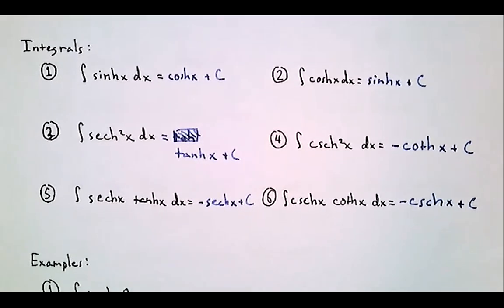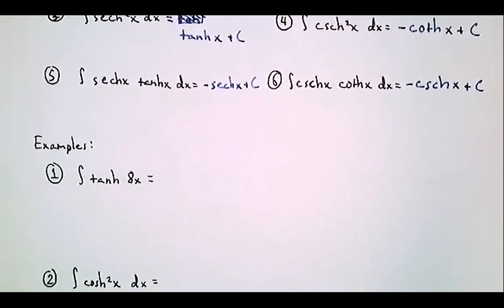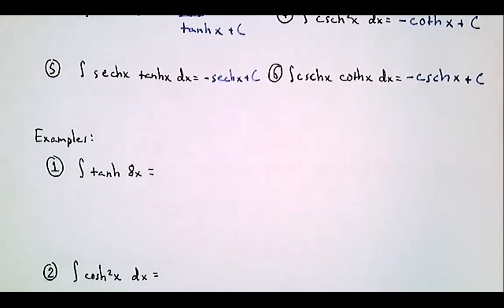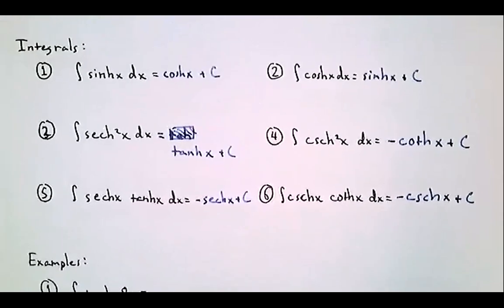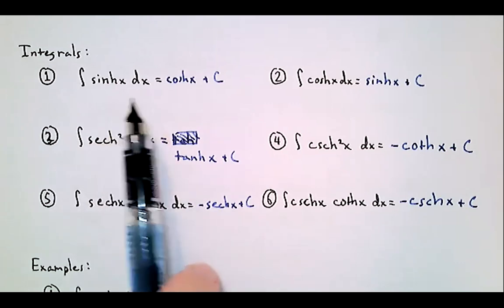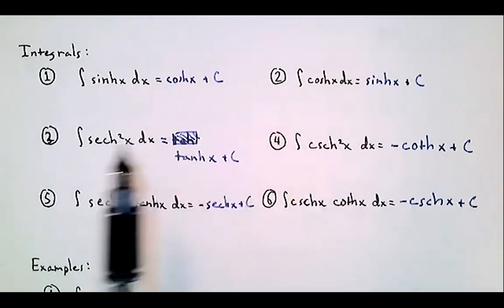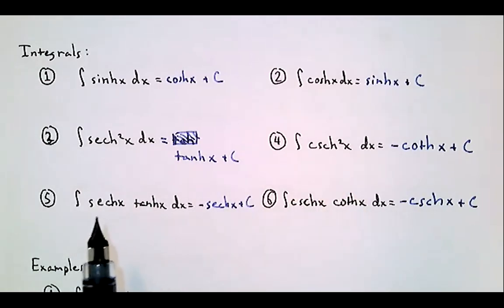Okay, so let's go ahead and try applying those. What about this one? Hyperbolic tangent of 8x. Let's go up to our rules and see if one of them applies. So do we see a rule for hyperbolic tangent here? Well, no. That's sinh, cosh, secant squared, cosec squared, and then these involve two different functions.